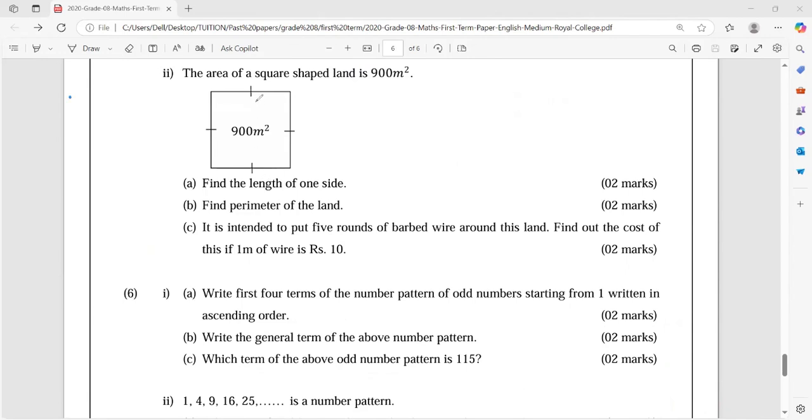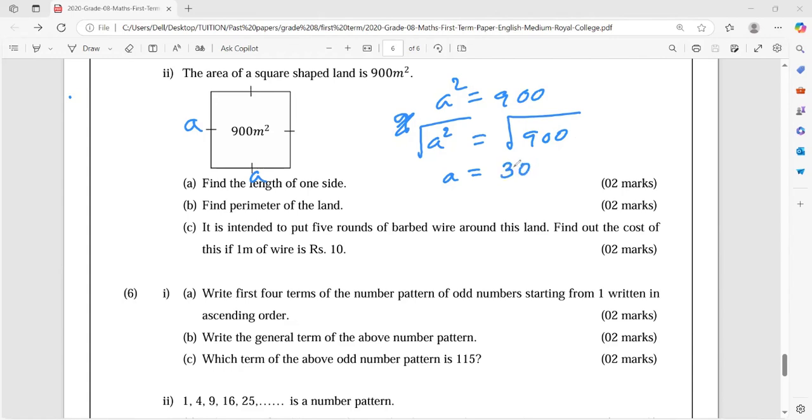Okay, the area of the square-shaped land is 900 square meters. So find the length of one side. Let's say this side is A, then this is also A. Then A squared must be 900, right? So if you take the square root of A squared, then you have to take the square root of 900. Then A is equal to the square root of 900, which is 30.